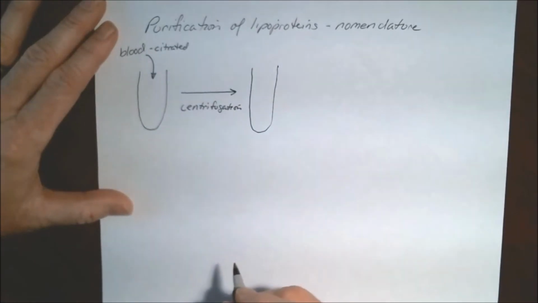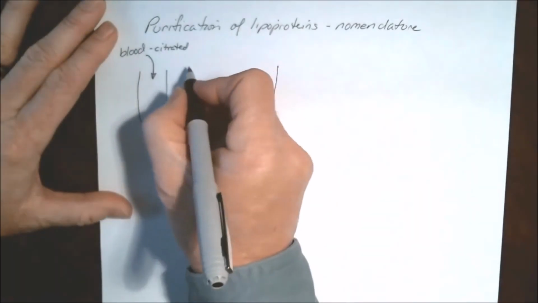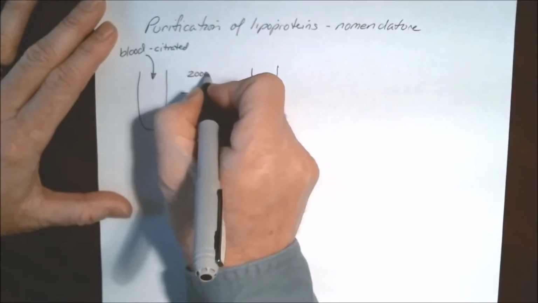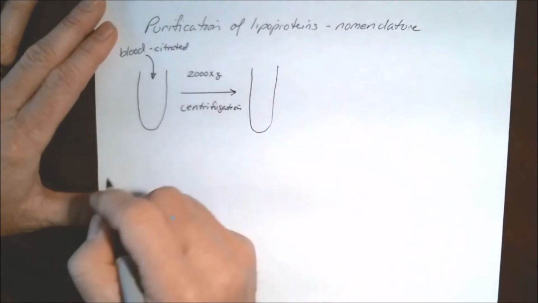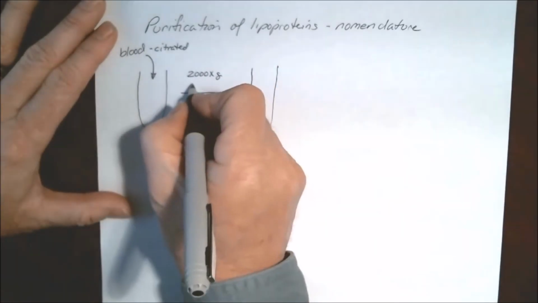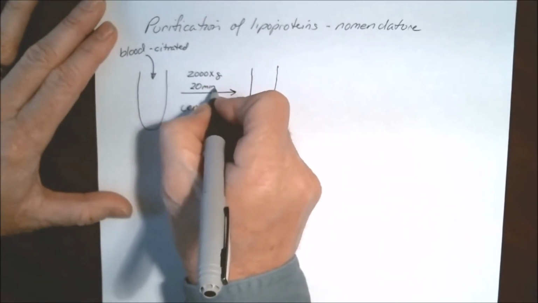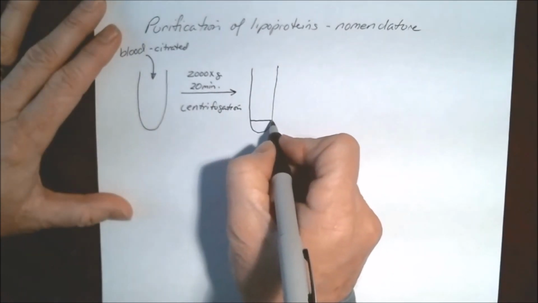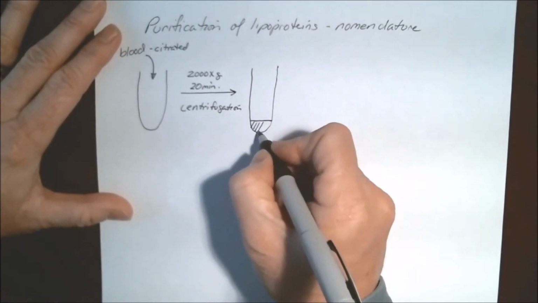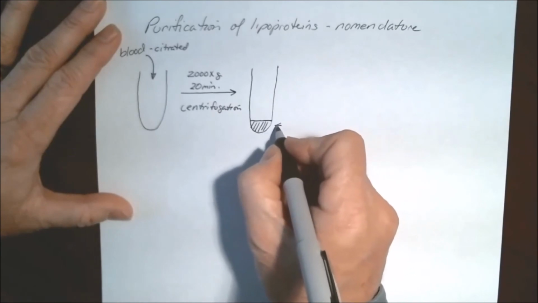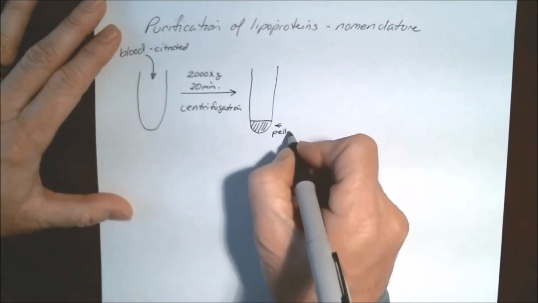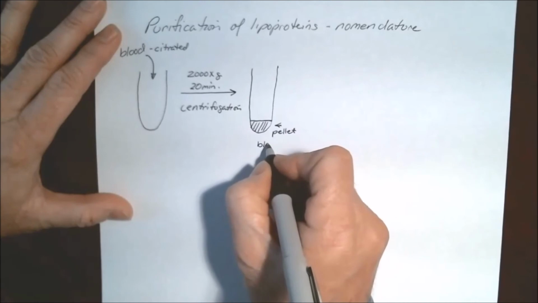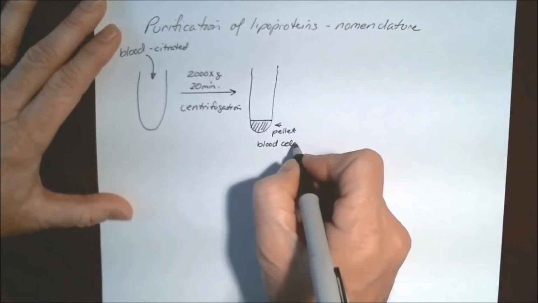Centrifugation, we're going to spin these tubes, and the first spin is going to be 2,000 times the force of gravity, 2,000 times g, for approximately 15 to 20 minutes. What we are going to obtain after this spin is a pellet, and this is going to contain our blood cells.